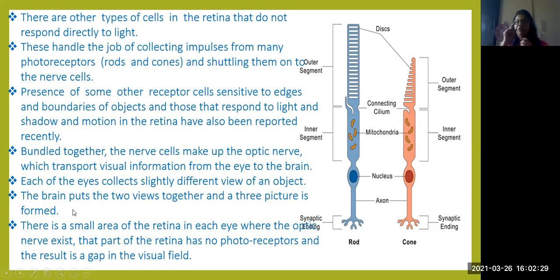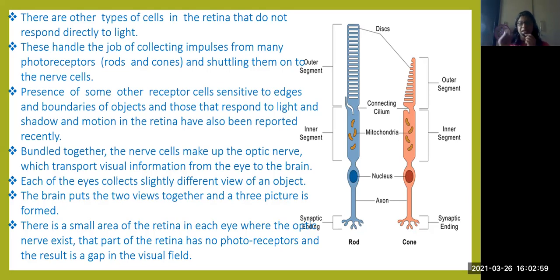So right eye, left eye, they collect the images of the one object. Their images are different, and both send the message to the brain by means of optic nerves. And in the brain, the third image is formed based on these two images carried by the optic nerves.